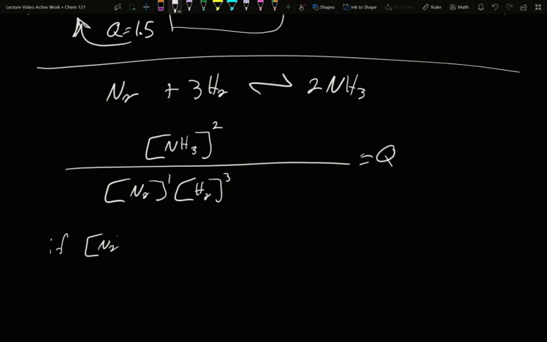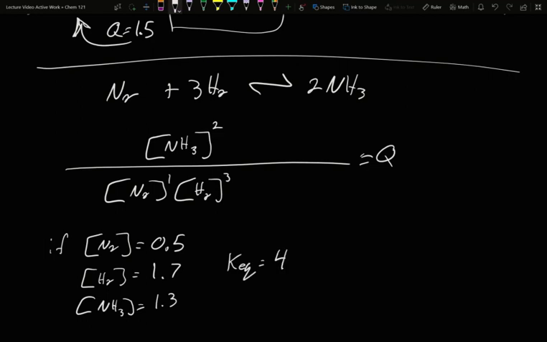If concentration of N2 is 0.5, H2 is 1.7, and ammonia is 1.3. If we had the molarities for these, and we were told that the equilibrium constant is 49, what I want to know is, are we presently at equilibrium, or are we going to continue to react to create more products, or continue to react to create more starting materials?